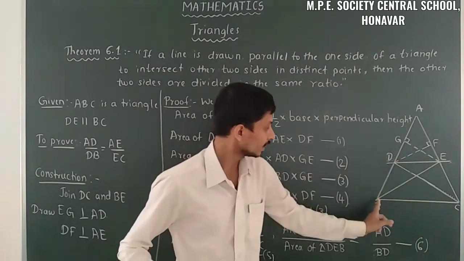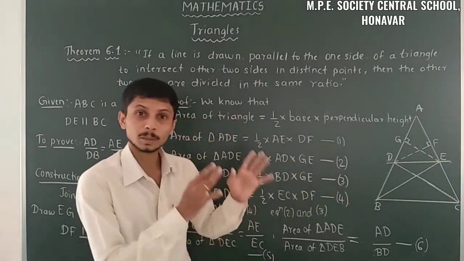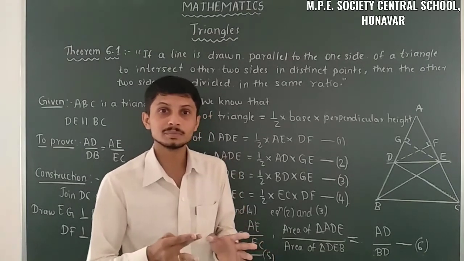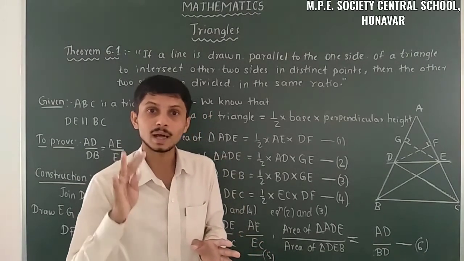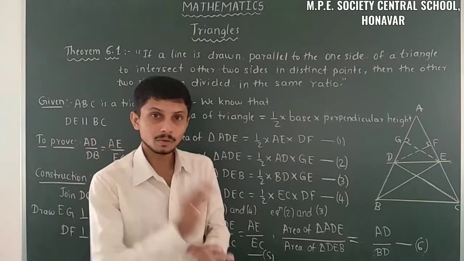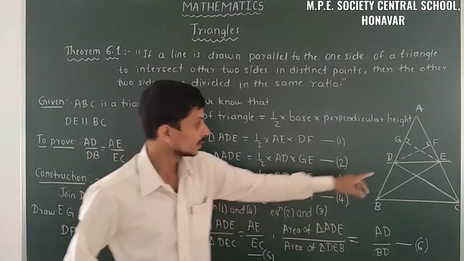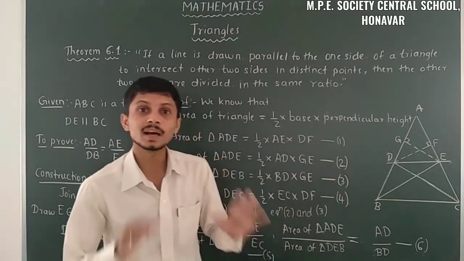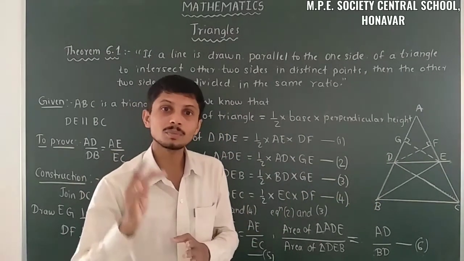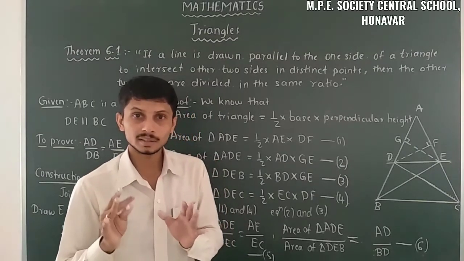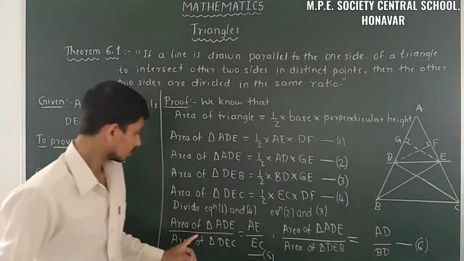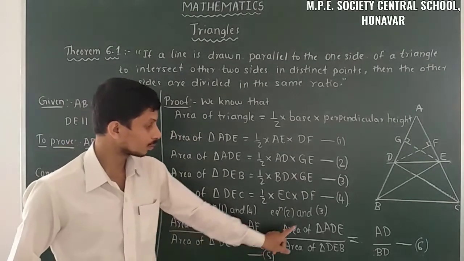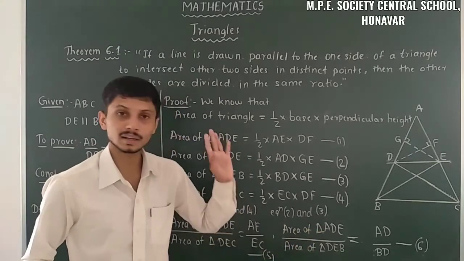That means here DE and BC are the parallel lines. Both the triangles are formed between those two parallels, which means the area of those two triangles is one and the same. So the area of triangle ADE by area of triangle DEC is equal to area of triangle ADE by area of triangle DEB.